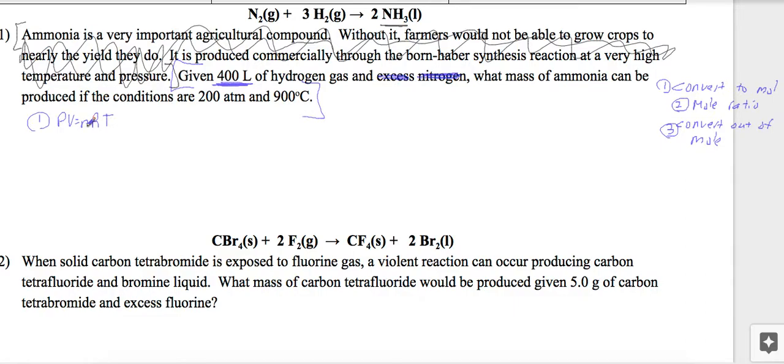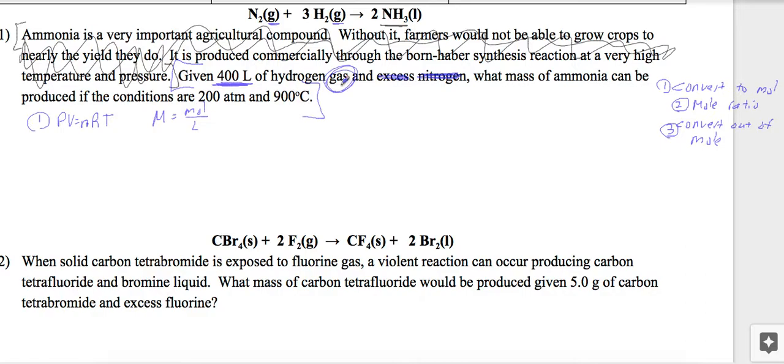We want to make sure that we don't use molarity, which also has a volume in it, because we're dealing with gases. We have 400 liters of hydrogen gas.